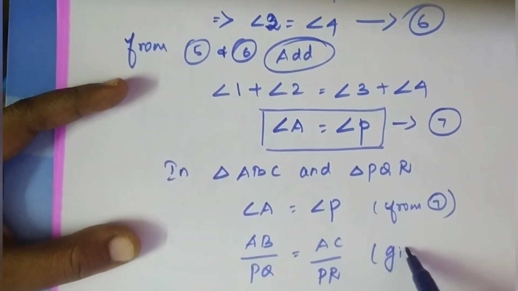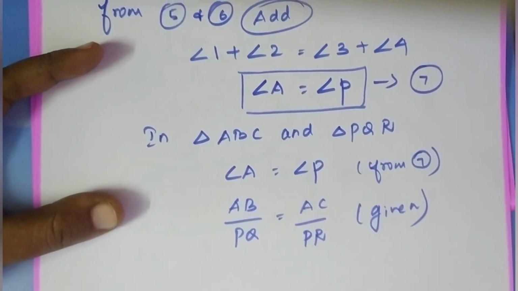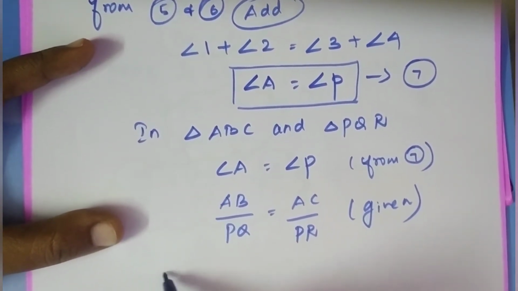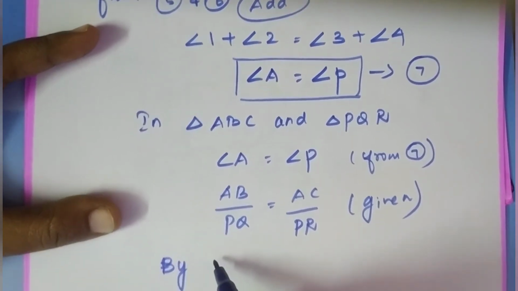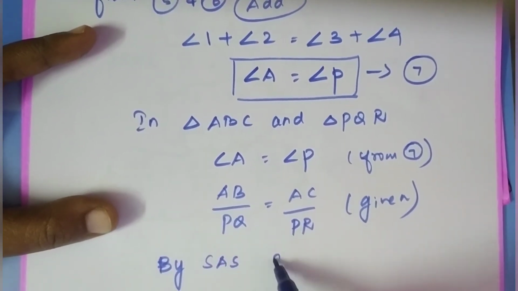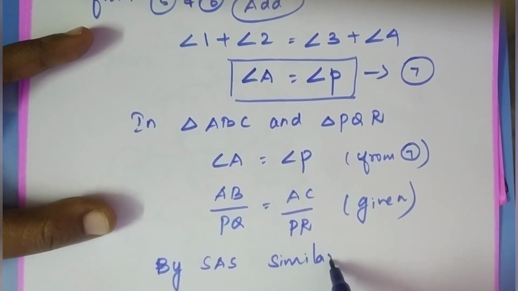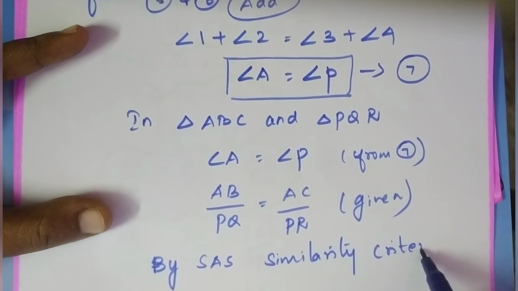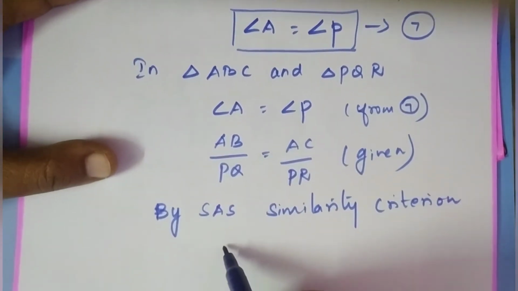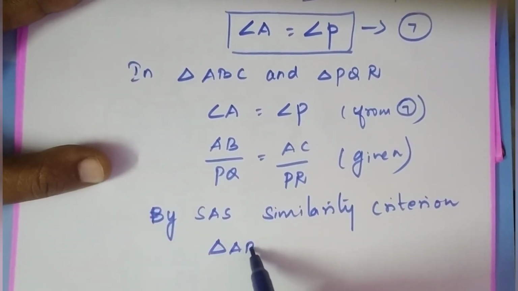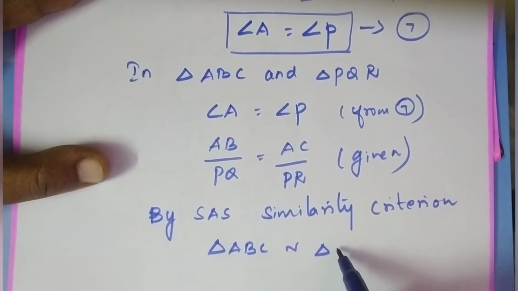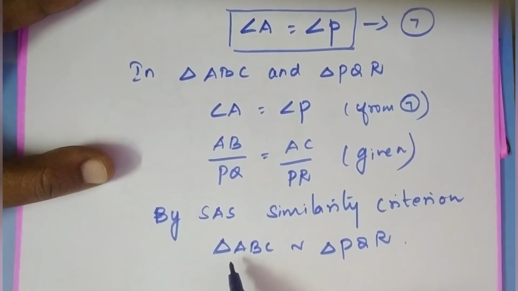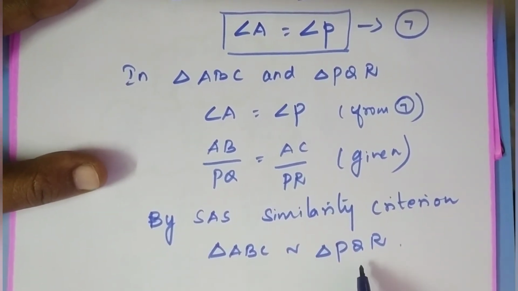It is given in the question itself. So I can conclude that by SAS similarity criterion, triangle ABC is similar to the triangle PQR. So now I concluded that the triangle ABC is similar to the triangle PQR.